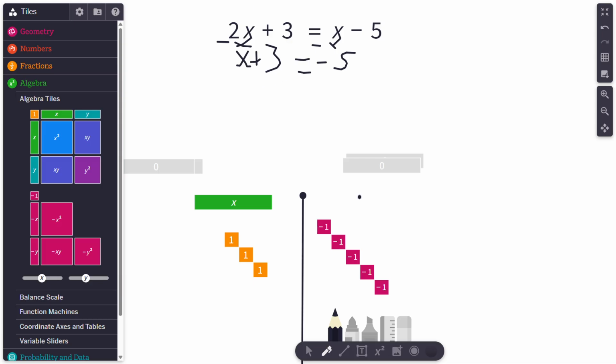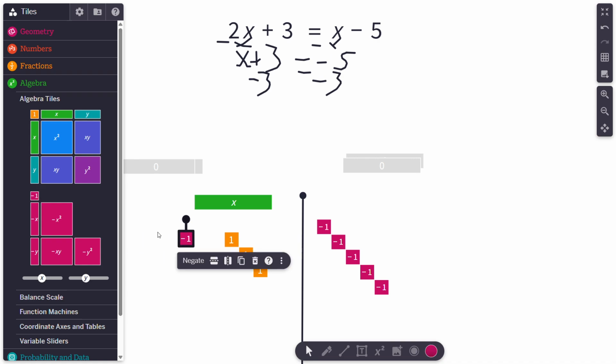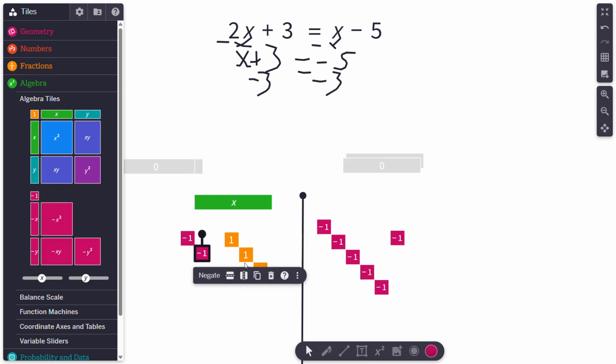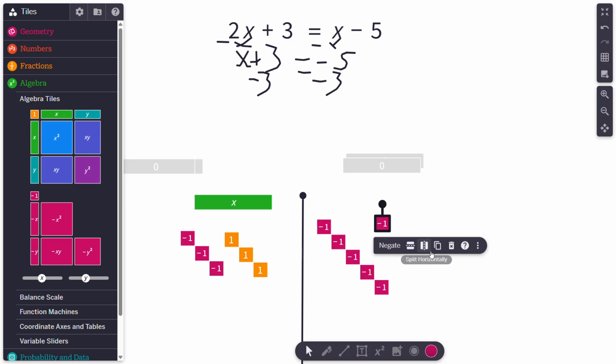So now we get to get rid of these 3's, so what are we going to do? Well, we are going to subtract 3 from both sides. So to subtract 3 from both sides, at least from this side, we have to add these minus 1's, subtracting 3. Yeah, so we got the 3 there, and then here we got 3.